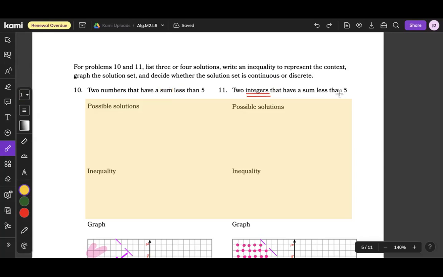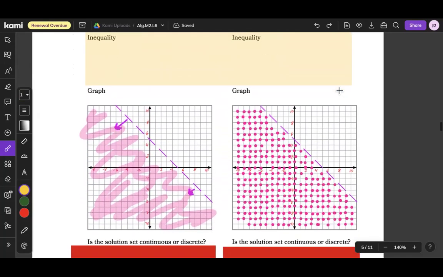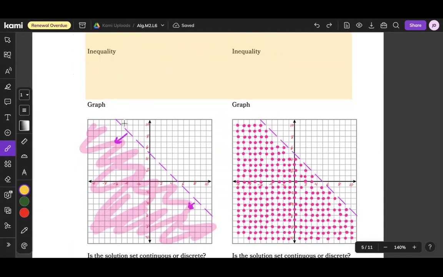All right, I'm not going to give you answers for this first part that you did on your own, but something to note is that your inequality looks more or less the same, even though one of them is integers, right? You're still going to do x plus y is less than 5, but what looks different is going to be the graph. So on the left-hand side here, where it was any number, you see that I've just shaded it in.